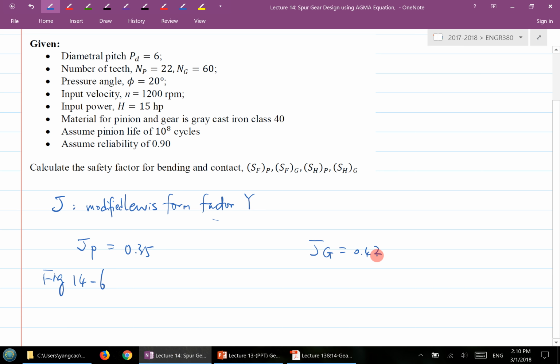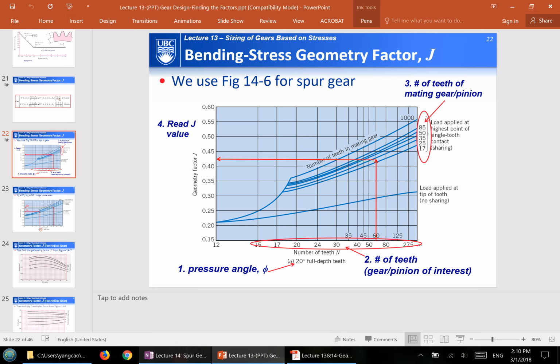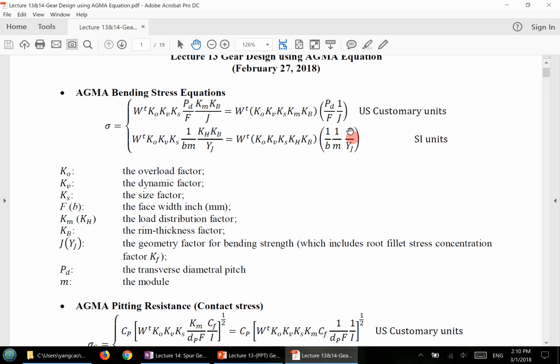Okay, so bottom line is, if you recall the Lewis form factor, the fact about the Lewis form factor is, as you have more teeth, you will have a higher Lewis form factor value. So this one here will share the same trend. The higher the number of teeth, the bigger the value of J would be. If you look at the J value here, it's on the denominator, right?